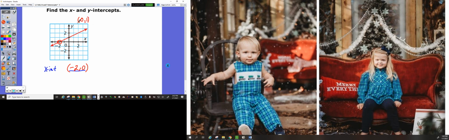Okay? That's the y-intercept right there. So notice that anywhere along this x-axis, my y value is always 0. Anywhere along the y-axis, my x value is always 0. That's going to become very important in just a little bit.